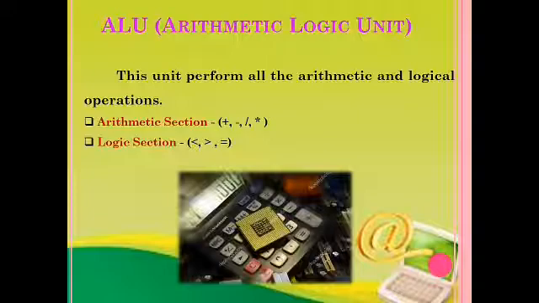This unit is responsible for performing various arithmetic operations such as addition, subtraction, multiplication and division, and relational and logical operations such as equal to, greater than, less than and not equal to. The ALU is a fundamental building block of the central processing unit of a computer. After the information has been processed by the ALU, it is sent to computer memory.